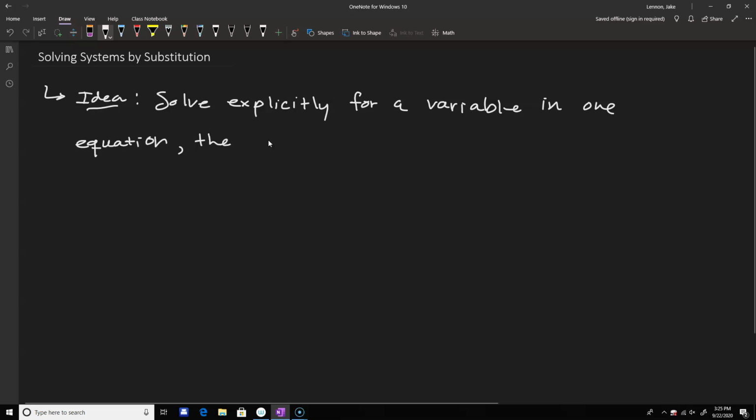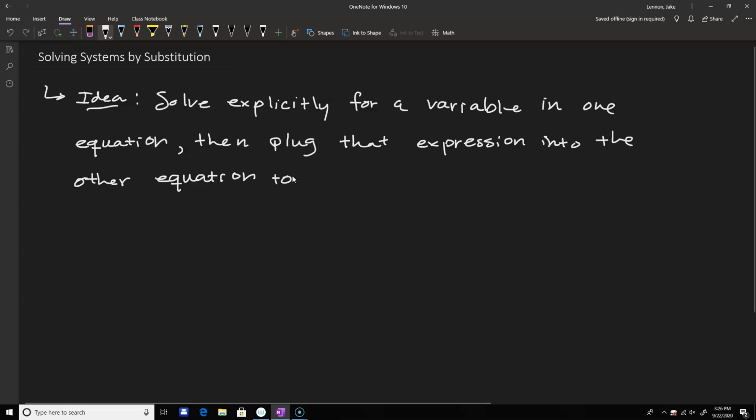Then we want to plug that expression into the other equation to obtain a single variable equation.